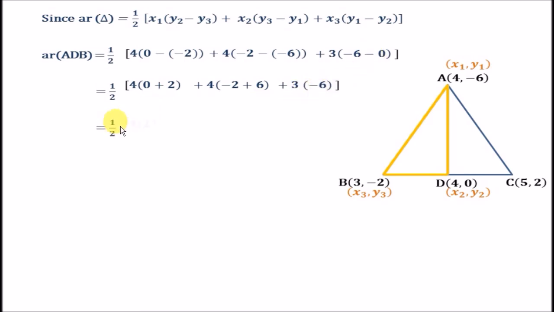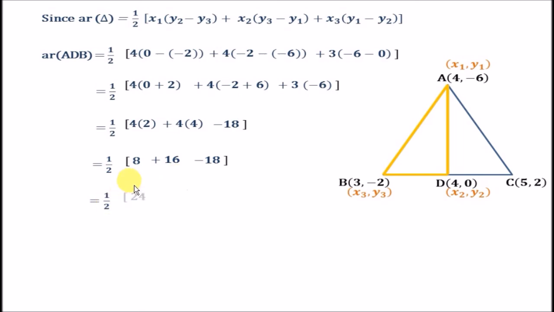Half into 4 into 0 plus 2 will be 2, plus 4 into 6 minus 2 will be 4. Plus into minus, minus 3 6s are 18, so minus 18. Half into 4 2s are 8, plus 4 4s are 16, minus 18.